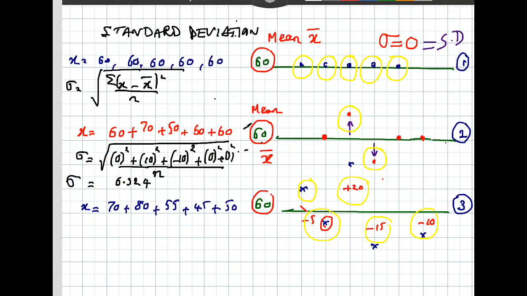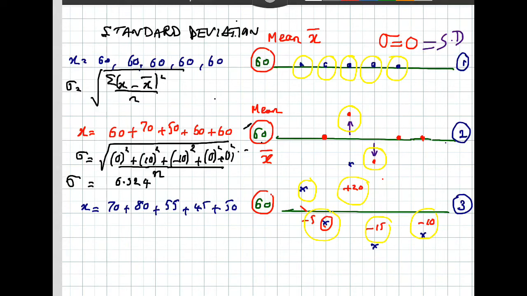It's going to be the deviation of the first point, which is 0 squared, plus this point, which is 10, plus this one, minus 10, and you square that, and this one is 0 and 0. We are adding the individual deviations from the 60. Then you divide by however many points. In this case we have 5 points, so we get 200 divided by 5, and all that under the square root, and that should give us a standard deviation of 6.324.